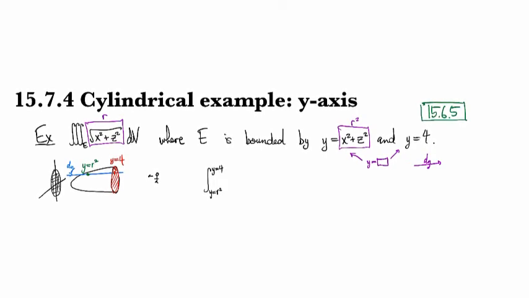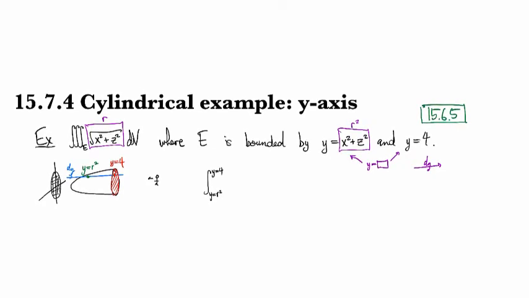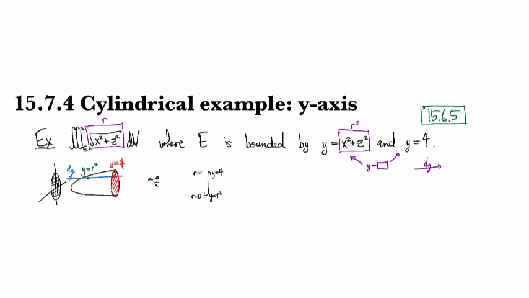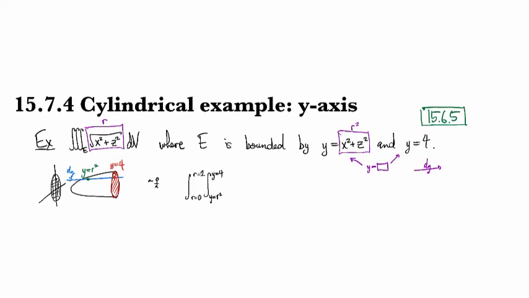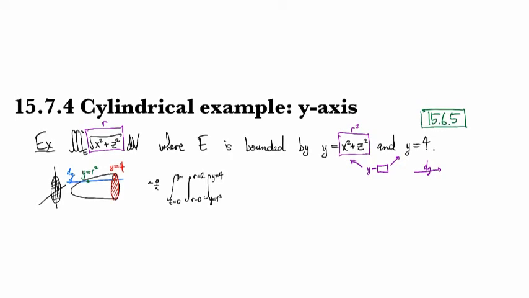And so that's a disk of radius 2. So we have r equals 0 to r equals 2. And then we do the full circle. So we've got theta equals 0 to theta equals 2 pi.